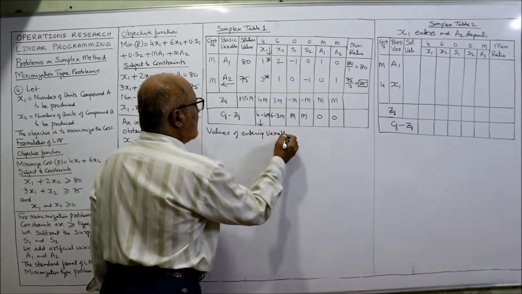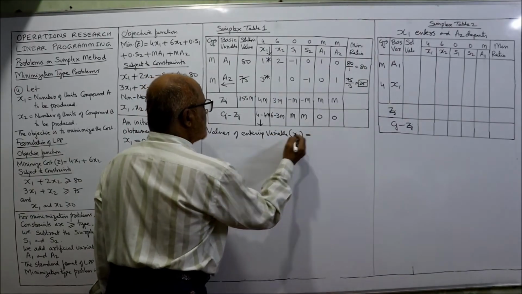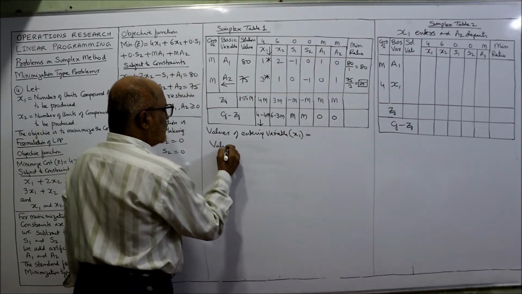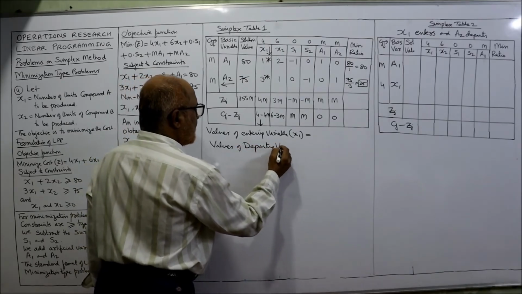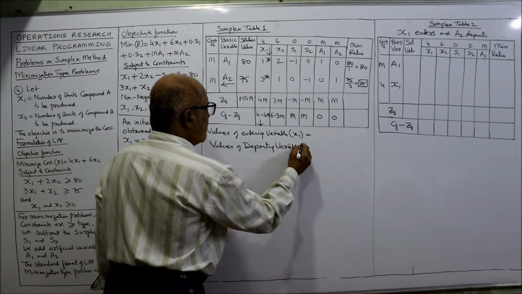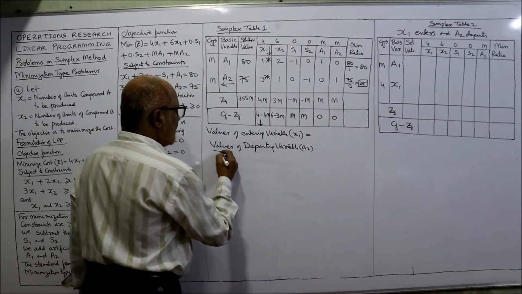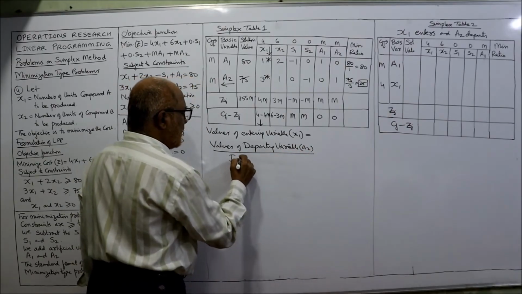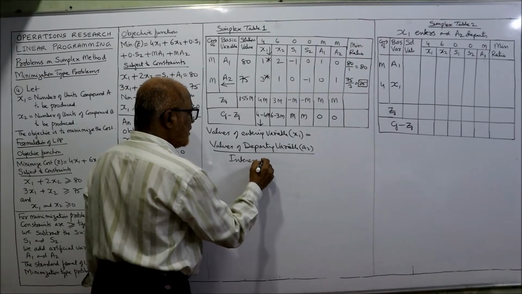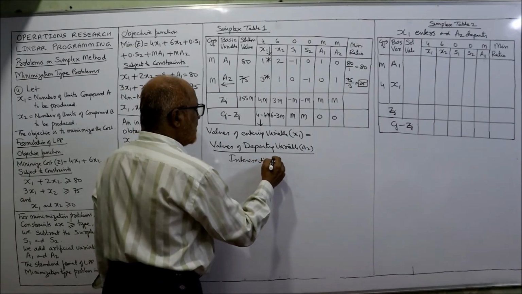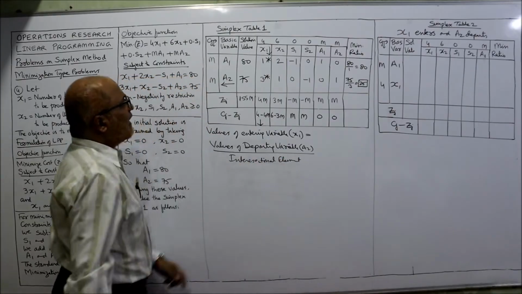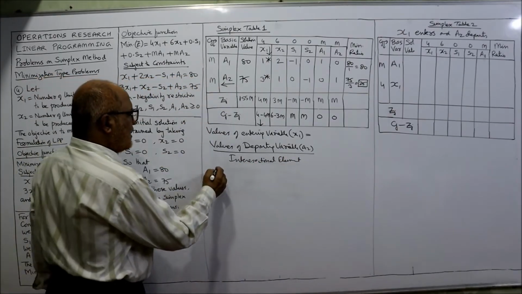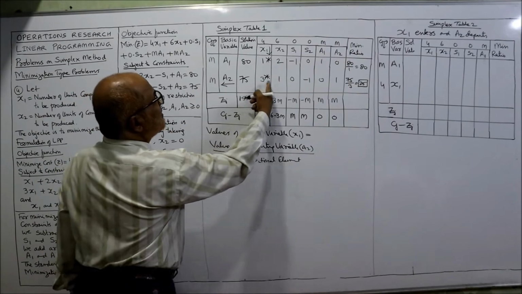The entering variable x1 is equal to values of departing variable, a2, divided by intersectional element. Same formula what we have done in previous problems. Now what are the values of a2 here? 75. Then next one 310.